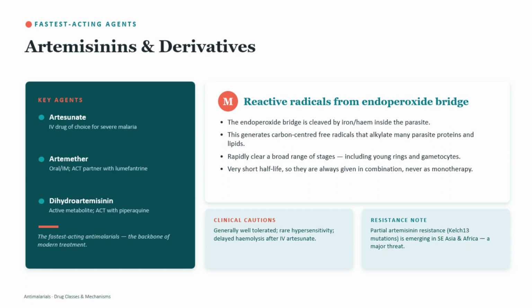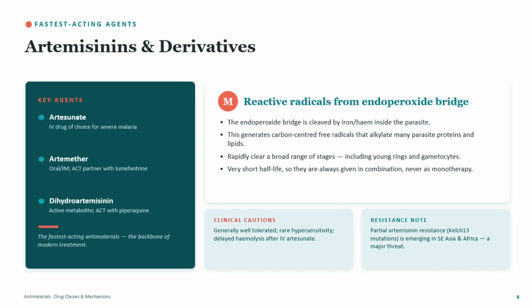Let me turn to the fastest acting agents. We have the artemisinins, which are the backbone of modern treatment. Here's the mechanism I want you to carry with you. The endoperoxide bridge is cleaved by iron and heme to generate carbon-centered free radicals that alkylate many parasite targets.